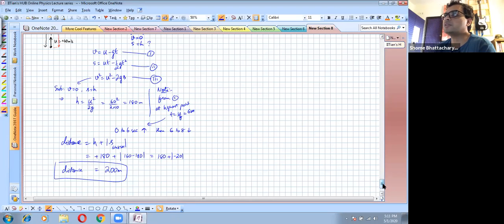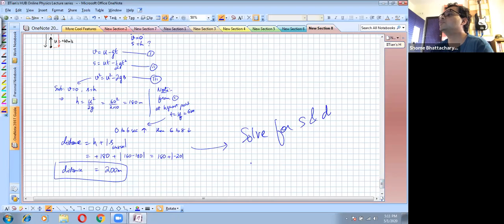And if you can, also try to solve this yourself by the graph method. Solve for displacement and distance using the v versus t graph instead.